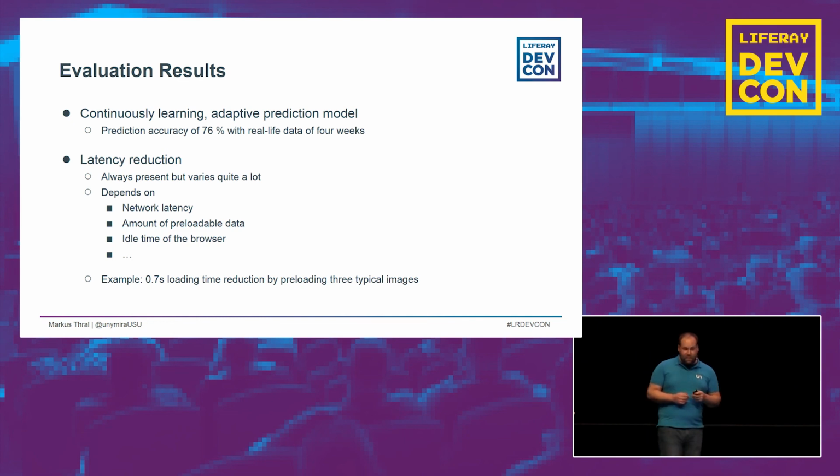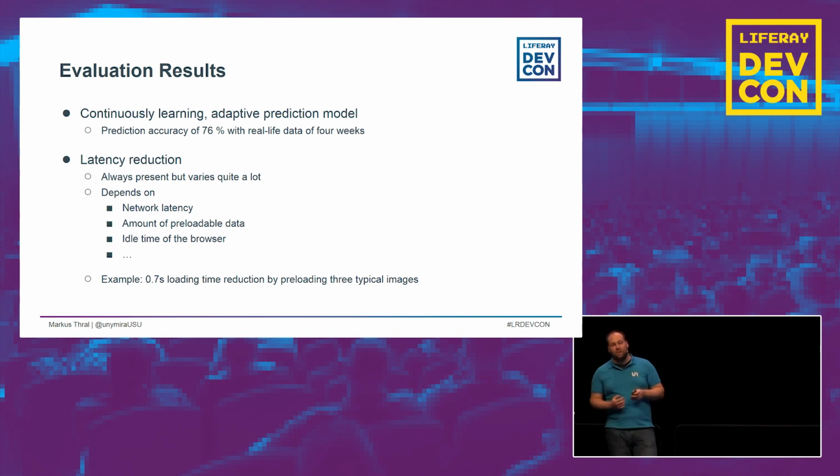To evaluate the latency reduction is a bit complicated because it depends on network latency, the amount of preloadable data, the idle time of the browser and many more. But we have seen in our example, just by preloading 3 images with a bit higher size, we could reduce the loading time by about 700 milliseconds.